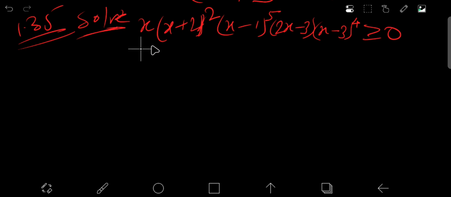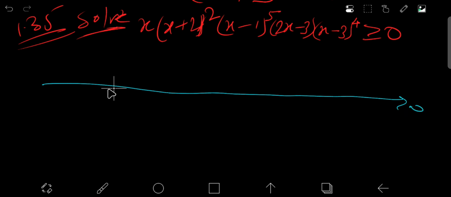Firstly find the roots. Roots can easily be found because all terms are given in factor form. So directly we draw the real number line. This side is plus infinity and this side is minus infinity. The roots are minus 2, 0, 1, 3 by 2, which is 1 point something, and 3.